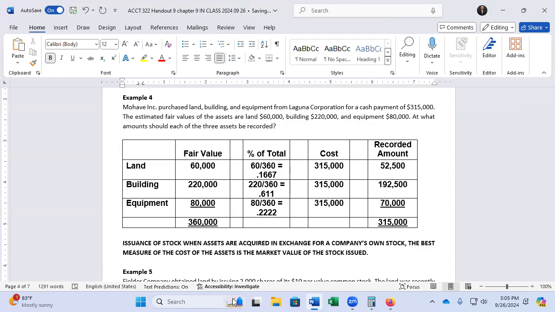Stock almost always has a market price. And so in general, if you're not sure what the assets are worth, you can use the fair market value of the stock.